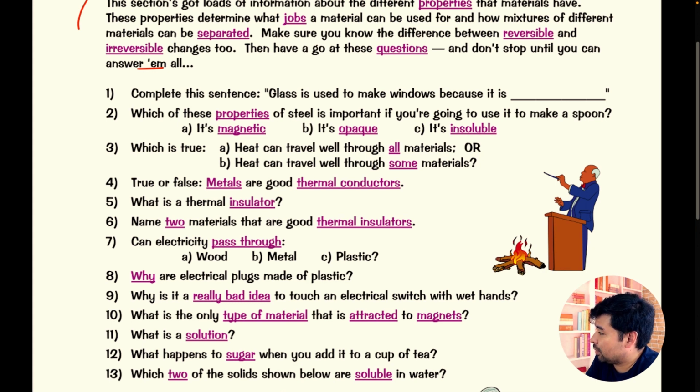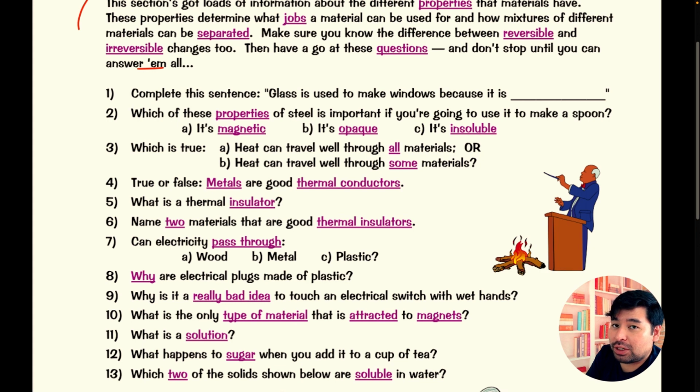Number 2. Which of these properties of steel is important if you are going to use it to make a spoon? It's like magnetic, it's opaque, it's insoluble. If I'm going to make a spoon, do you remember what a spoon is?